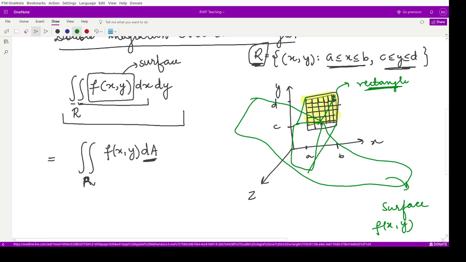So whatever is this portion, you will be calculating the volume for this particular portion, right? So this is the idea of calculating this double integral.